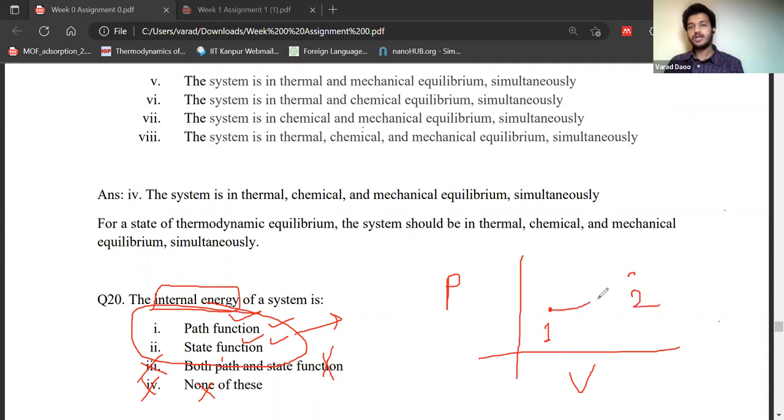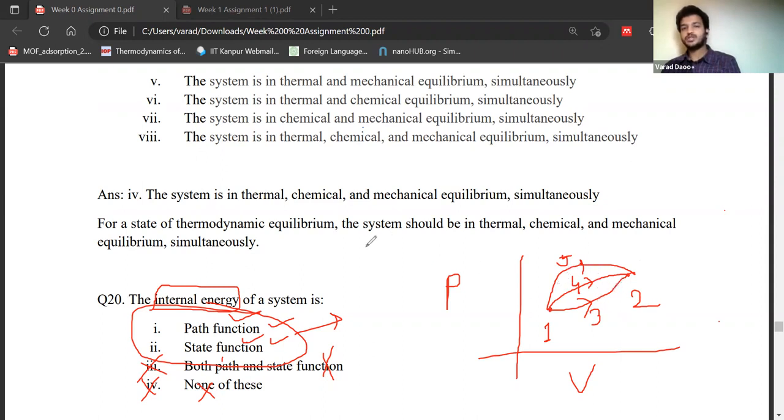Then we join them in different ways: 1-3-2, 1-4-2, 1-5-2. There are different ways of reaching from 1 to 2. The hint is: what are those properties which do not depend on path?